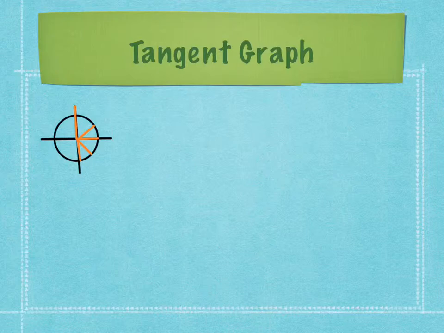What I want you to remember is the ordered pairs associated with those particular points. Down here at the bottom we have, of course, 0, negative 1. Over here at negative pi fourths we have negative square root 2 over 2 and square root 2 over 2.